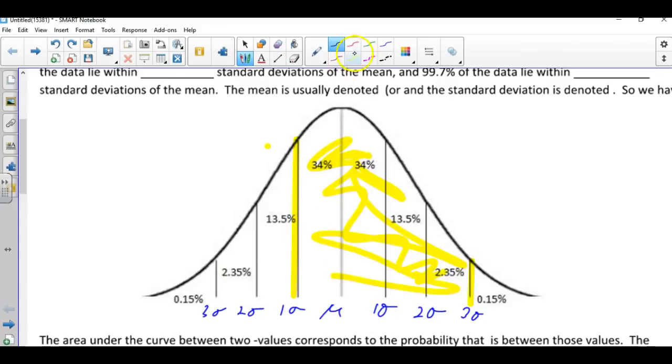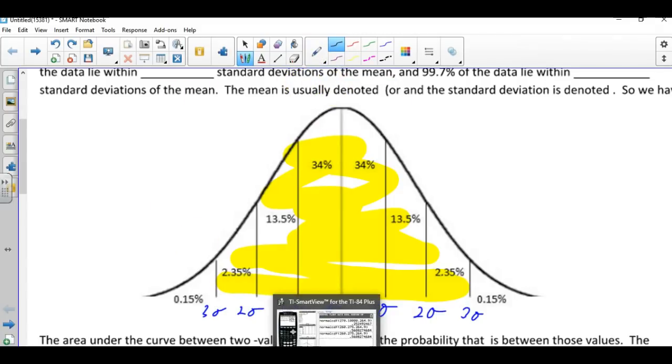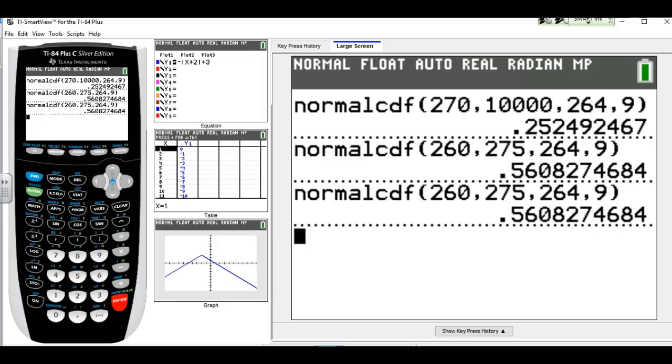The question is, what percentage falls in between 1 standard deviation, which is right here, 2 standard deviations, which is right here, and 3 standard deviations, which is right here. Well, when you add all those up, guys, you get a grand total of 99.7%.